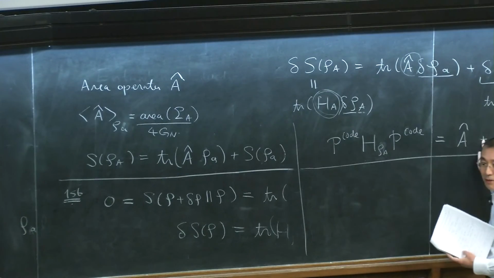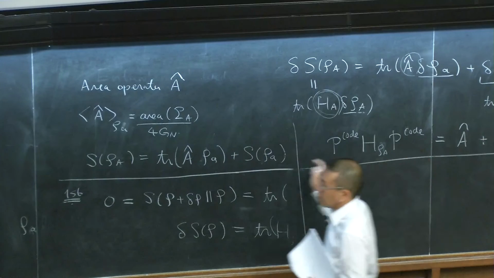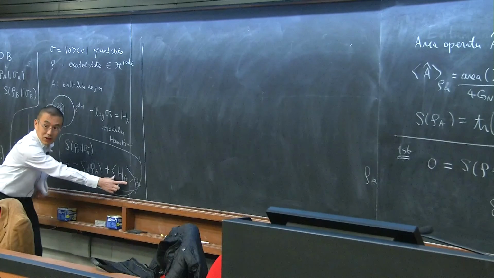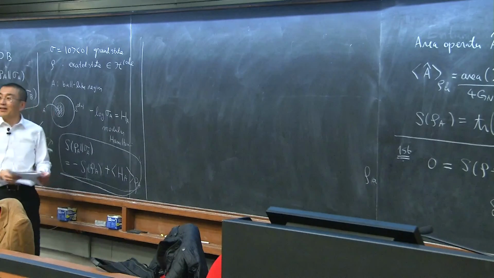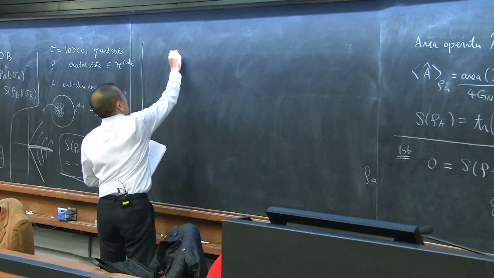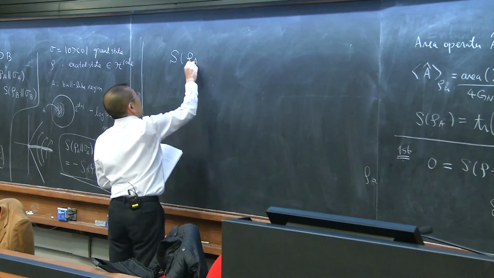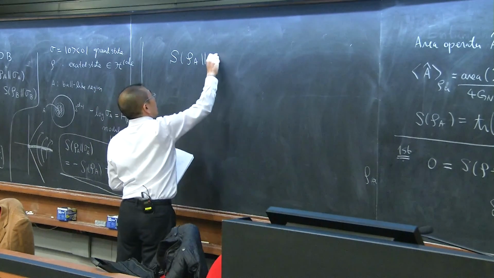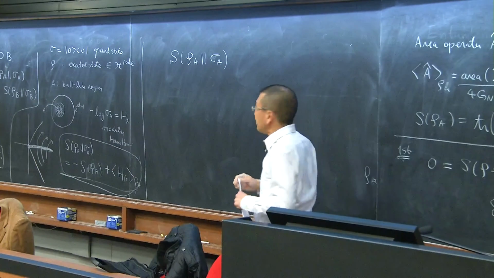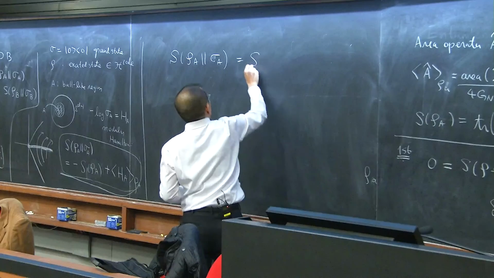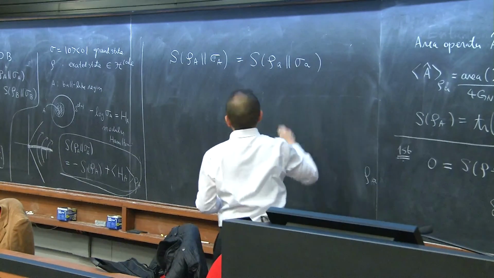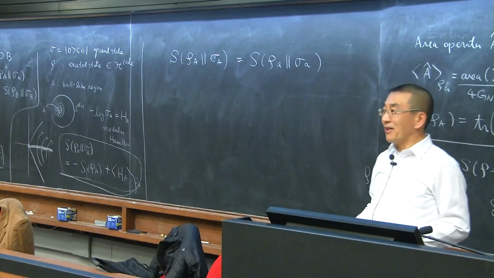So if I use this relation, remembering that the relative entropy is given by the expectation value of the modular Hamiltonian and the entropy itself, you can derive the formula that the relative entropy between the density matrices on the boundary is given by the relative entropy of the corresponding density matrices in the bulk.